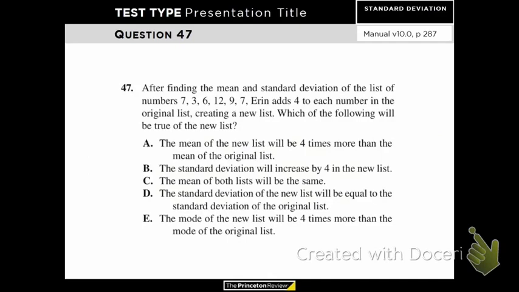So for this problem, it says after finding the mean and standard deviation of a list of numbers, Aaron adds 4 to each number in the original list, creating a new list. Which of the following will be true of the new list? If you add 4 to all of these values, you can do the math to figure this out, but think about if you made a dot plot or a graph for those values.